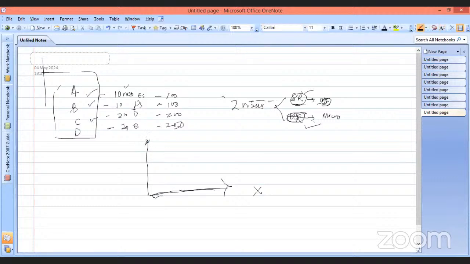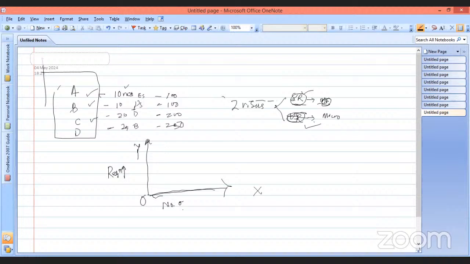And this is the y-axis. On the y-axis, I am taking the return, meaning the return of the security. This is my origin.